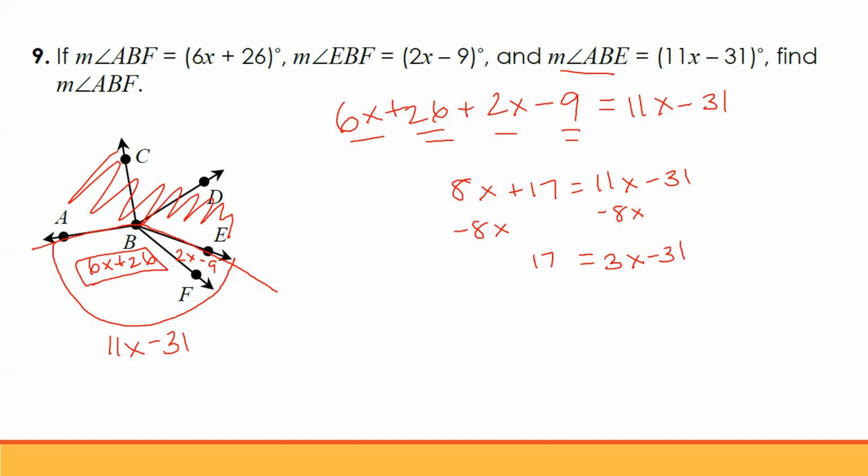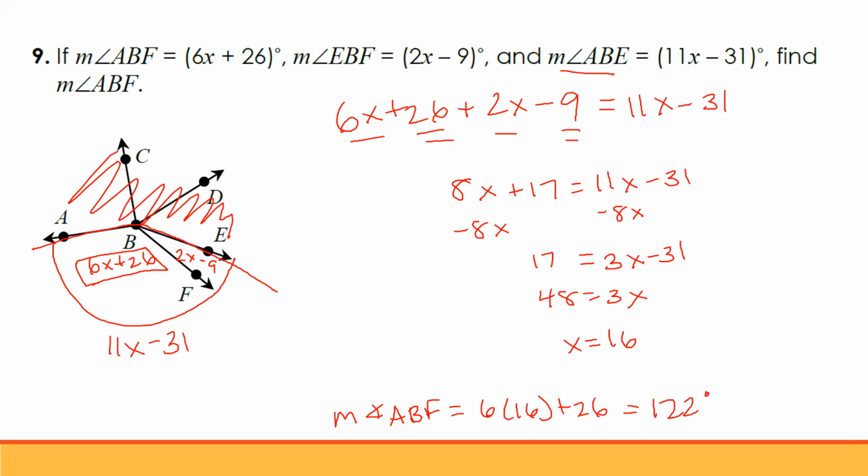Let's add 31 to both sides. And divide by 3. All right, x equals 16. Wonderful. Now all we have to do is find the measure of angle ABF. We're going to take that 16 and just plug it in for x and evaluate that expression, 122 degrees.